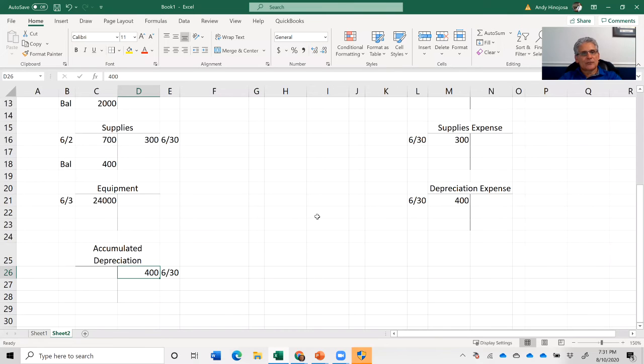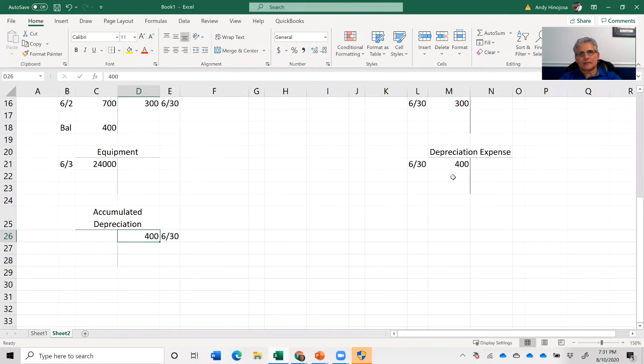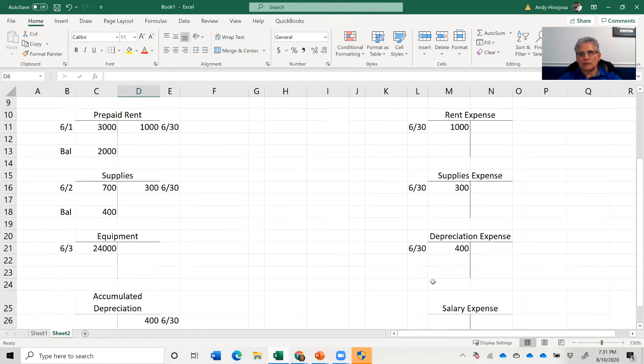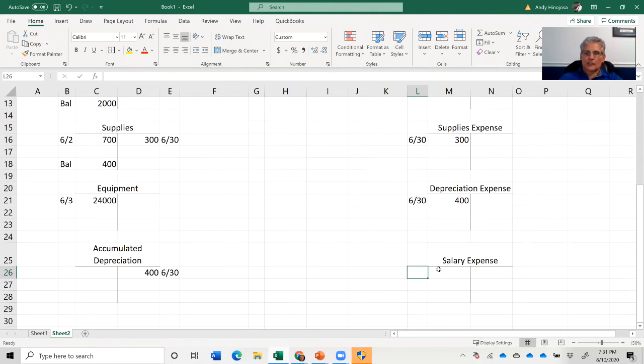So let's go ahead and enter that into our accounting system. Okay, so we have an account called salary expense. That's under equity. It's an expense. And we made a payment on, I think, June 15th. The first payroll was on June 15th, and it was for $900.